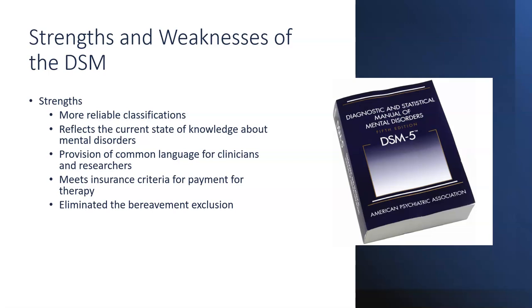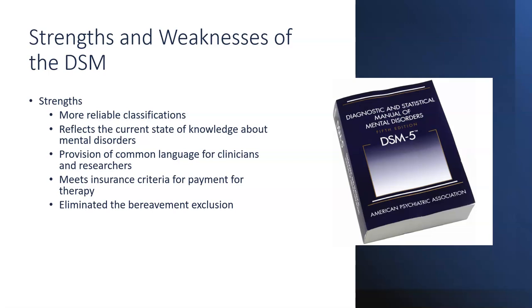The strengths, it helps clinicians to have a shared language for describing what they're seeing in terms of symptoms. It gives them the ability to do research using common language.